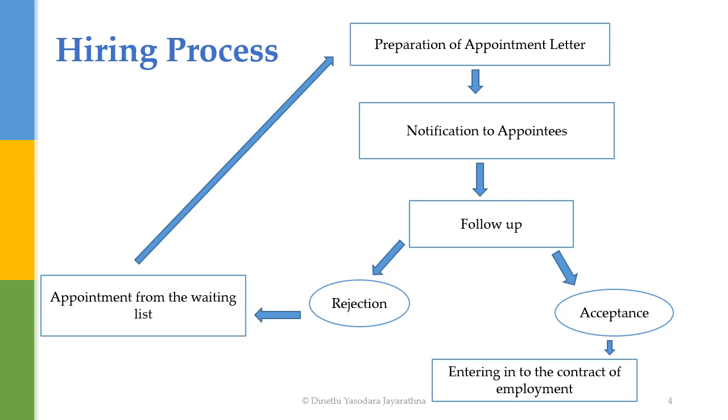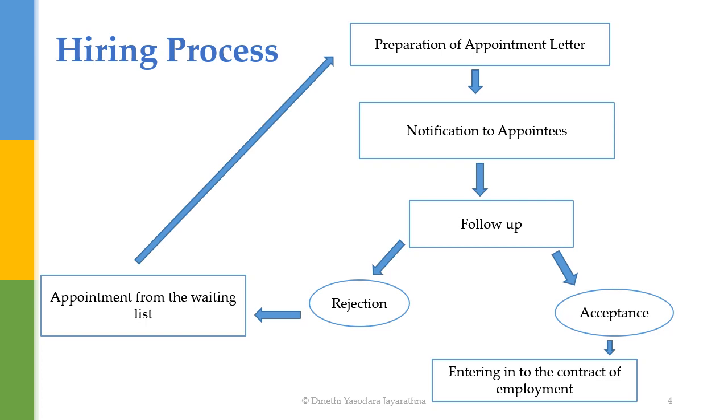Oya select කරලා එයාට appointment letter එක ගැන inform කරනවා. Appoint කරා අපි ඔයාව කියලා inform කරනකොට අපි follow up එකක් ගිහිල්ලා බලනවා whether this employee or the candidate or the appointee accepts. මං කැමති job එකට එන්න කියලා job offer එක accept කරනවද or not, whether that person rejects.